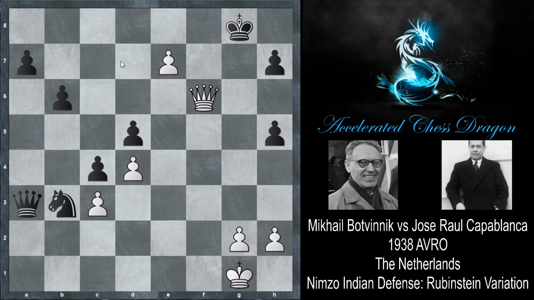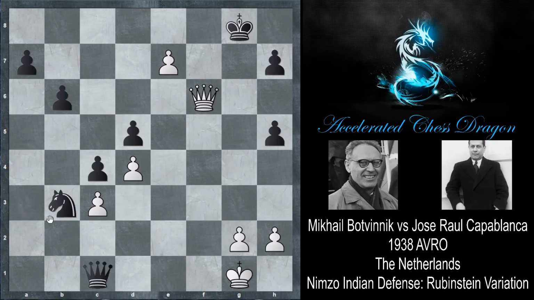The point is that Capablanca simply has no way of defending, because Botvinnik is simply going to hide his king from Capablanca's queen. And that's basically it. Botvinnik will eventually get the queen f8 check move in, and Capablanca has nothing. His extra piece really doesn't mean anything.